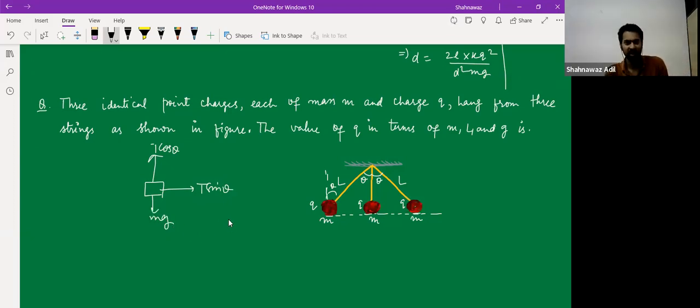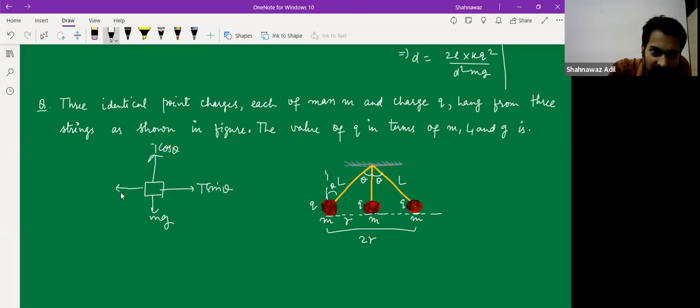Now, what about this? So let's say this is r, and this is r. So what about this Coulombic force? How many forces will be there? Two. Right, correct. So there will be one force in this direction, and the other force in this direction, force due to this charge and force due to this charge. So let's say this is 1 and this is 2.